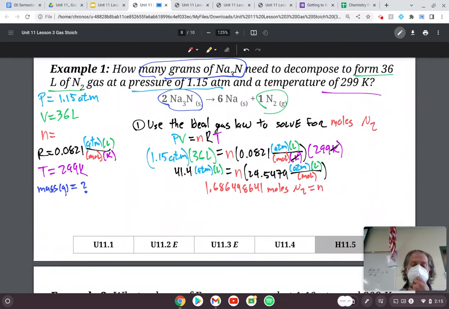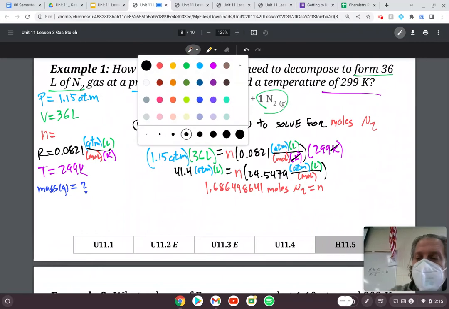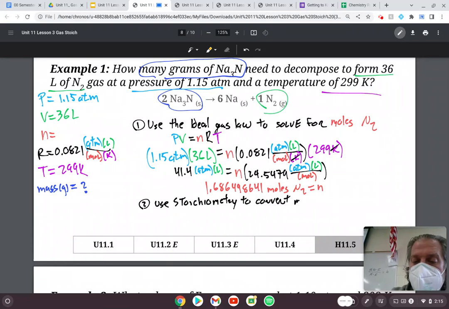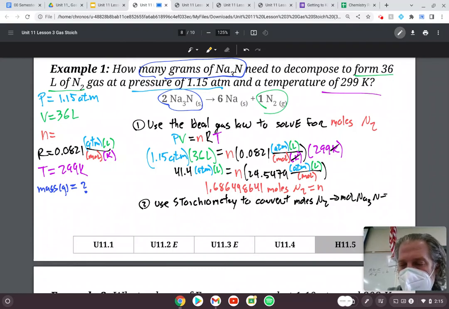Step 2 is to use stoichiometry to convert moles of N2 to moles of Na3N to mass of Na3N.